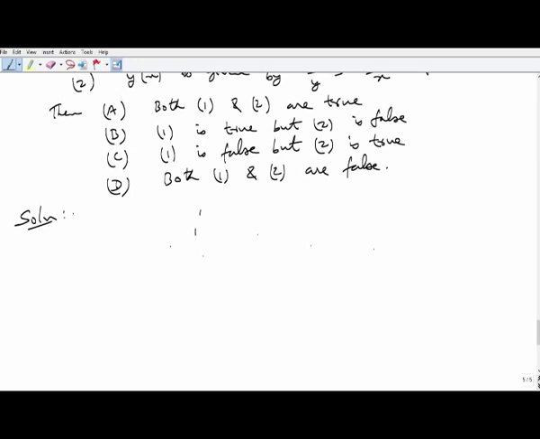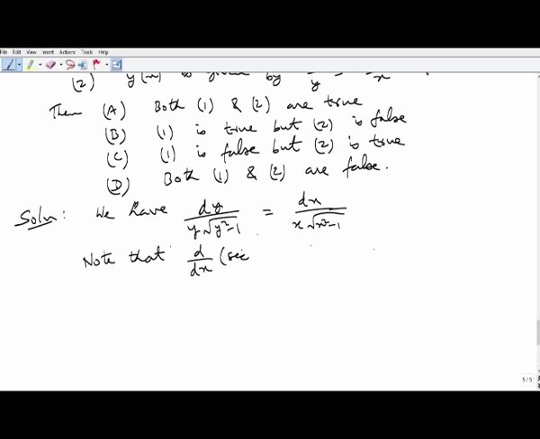Solution, what we are given is dy by y times square root of y square minus 1 is equal to dx divided by x times square root of x square minus 1. So, if you note that, we know that the derivative d by dx of secant inverse x is equal to 1 by mod x times square root of x square minus 1.